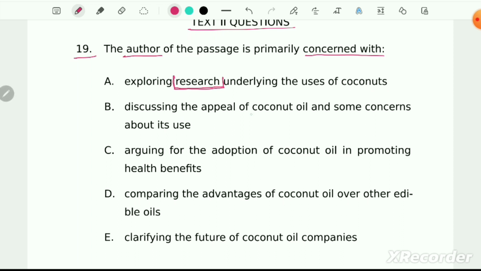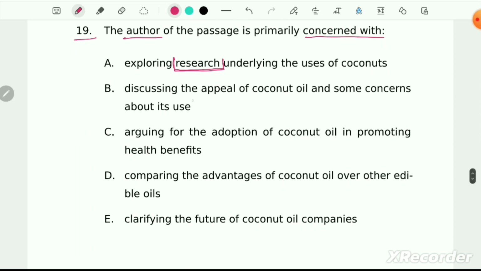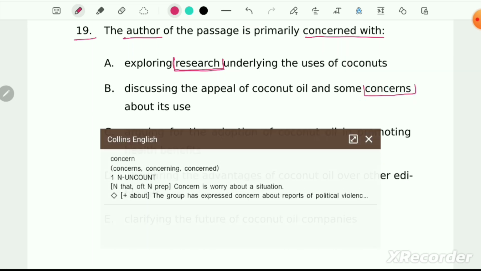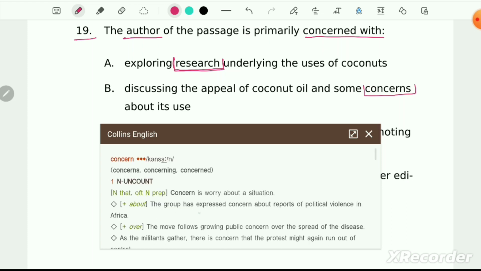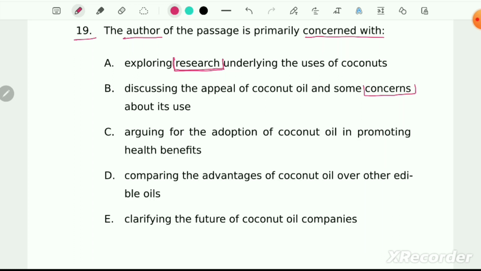Discussing the appeal of coconut oil and some concern about its use. So concerns means worry about a situation. Here is an example: the group has expressed concern about reports of political violence in Africa. So concerns actually means being worried about something.